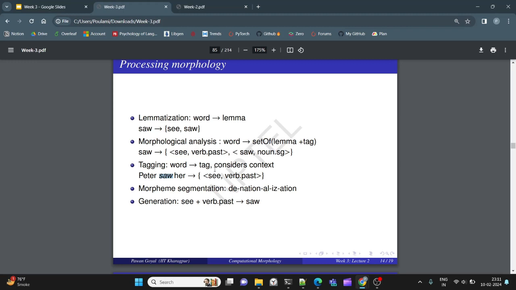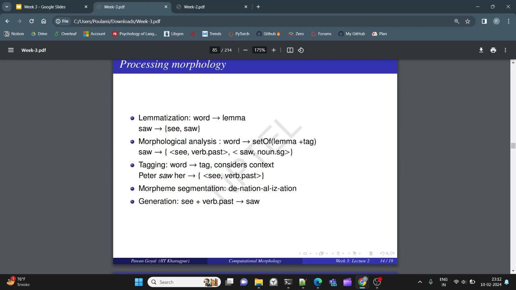So after morphological analysis, we'll get this solution. Since saw is a verb over here, the lemma would be see, it is a verb, and it's in the past tense form. We could get rid of the noun form of the word by using the context, and so get rid of the ambiguity that was present.